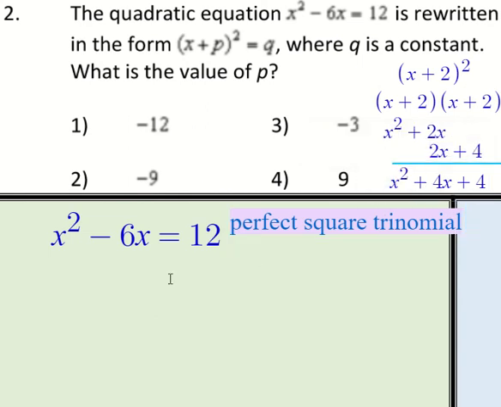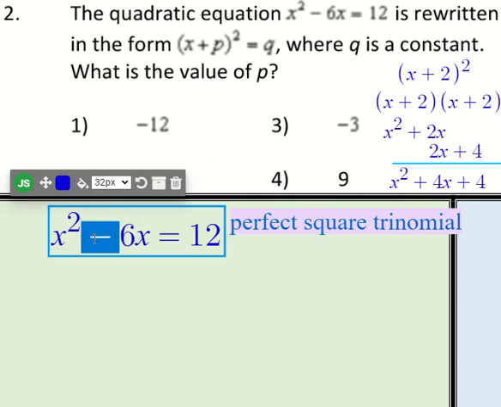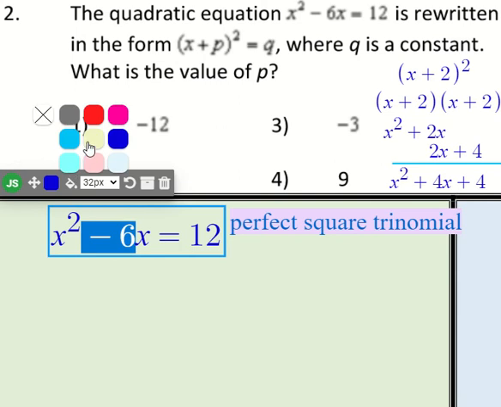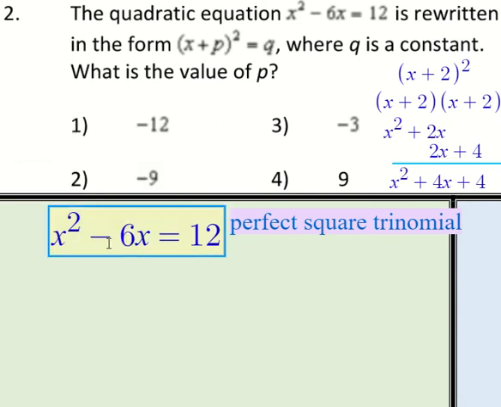So what I'm really looking at is the term in the middle. So in this case, I care about this negative 6. That's what matters to me. So what I want to do, I'll grab my highlighter, is steal that negative 6 and divide it by 2.